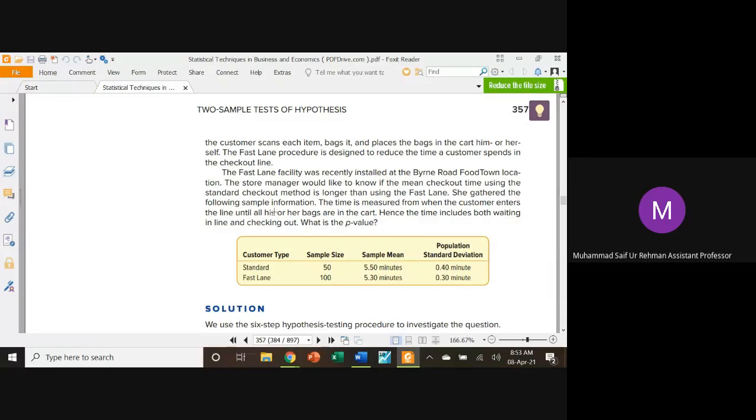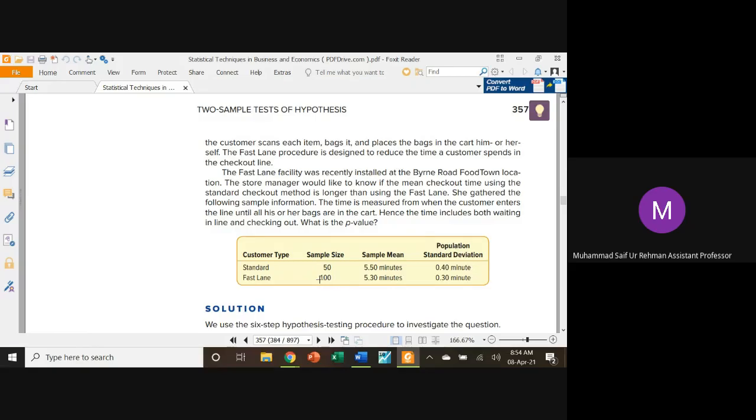She gathered the following sample information. The time is measured from when the customer enters the line until all his or her bags are in the cart. Hence, the time includes both waiting in line and checking out. What is the p-value?